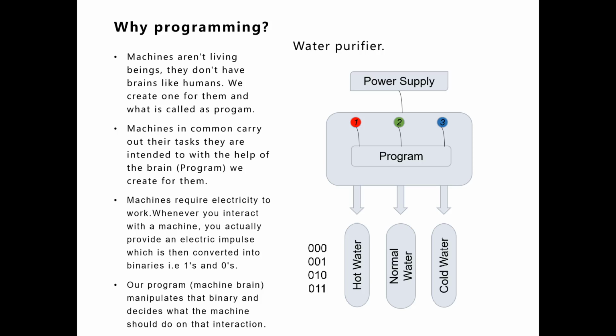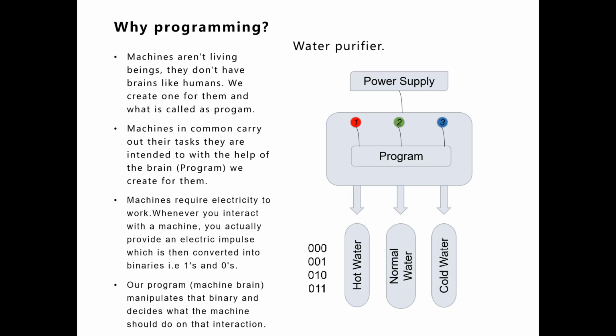When the program receives the binary in this form, as I've written here, I've given 4 examples of binaries, the program has the opportunity to decide the next step that the machine can perform. In this case, on pressing 1, we can think that the hot water valve should open.